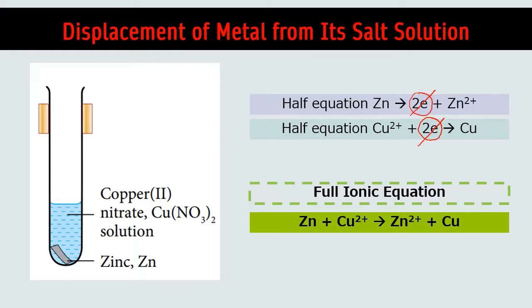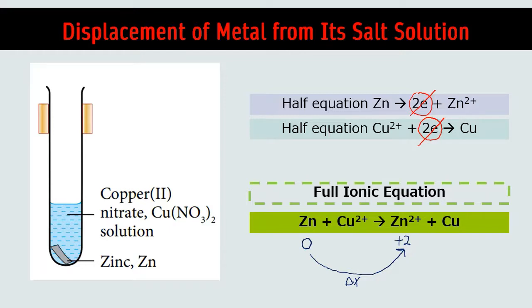First is zinc atom. The oxidation number of zinc atom is 0. When zinc atom changes to zinc ions, the oxidation number increases from 0 to +2. Increase in oxidation number is an oxidation reaction.